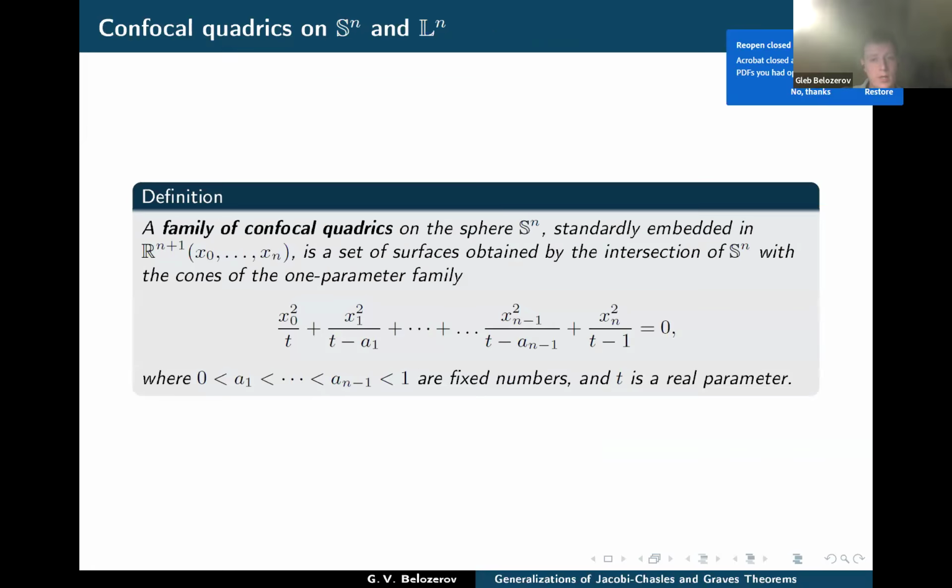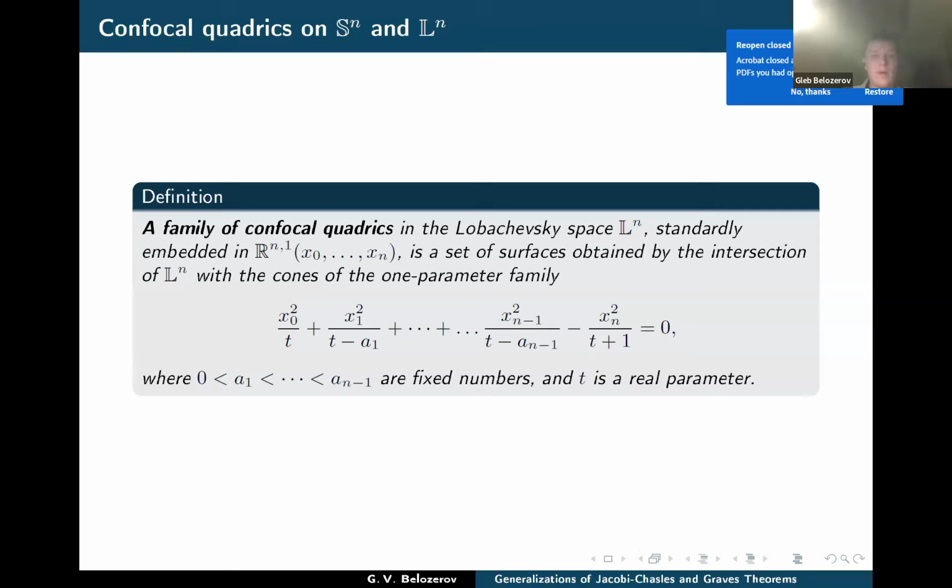A family of confocal quadrics on the sphere S^n, standardly embedded in R^(n+1), is a set of surfaces obtained by the intersection of the sphere with the cones of the one-parameter family. Here a_1, ..., a_(n-1) are fixed numbers, and t is a real parameter.